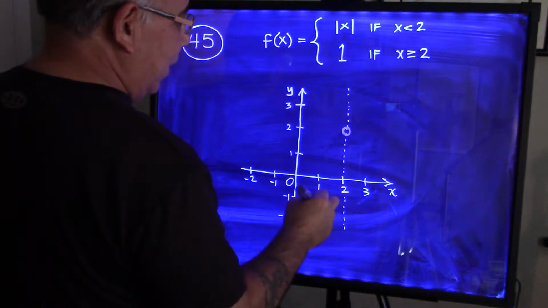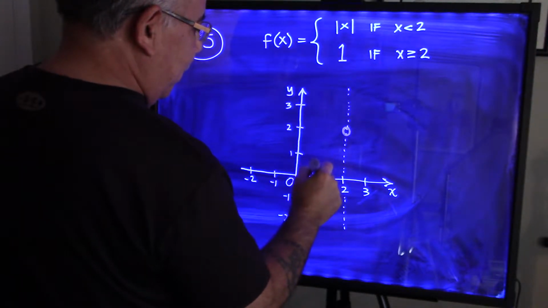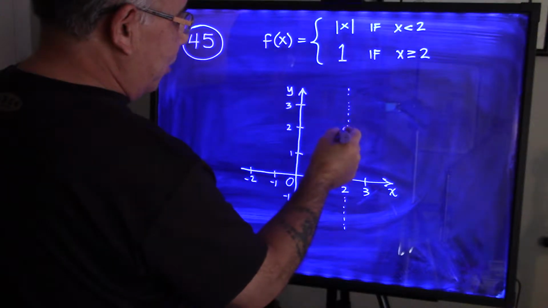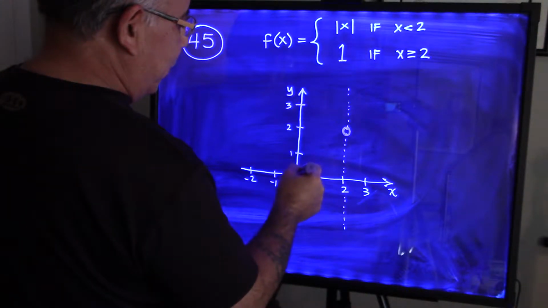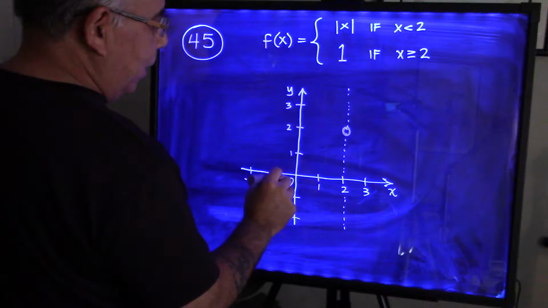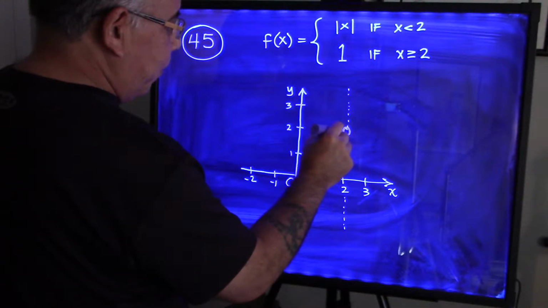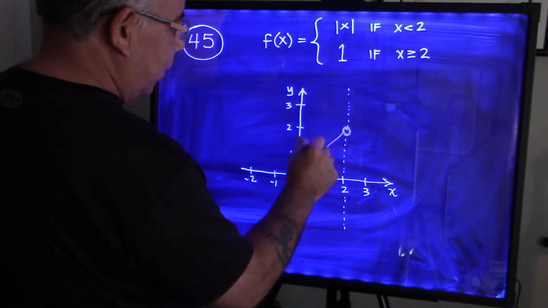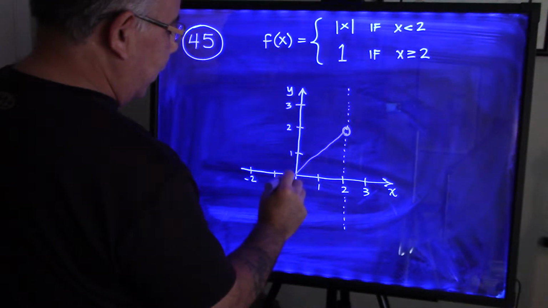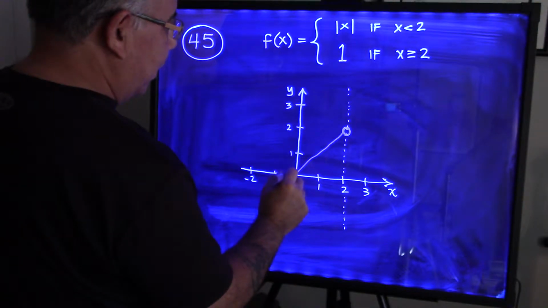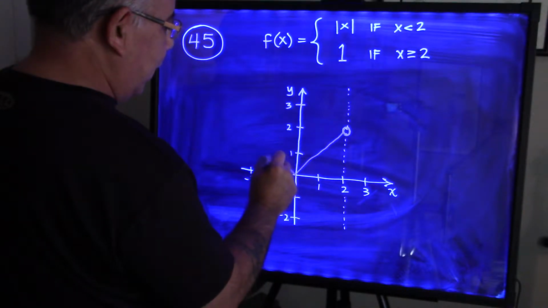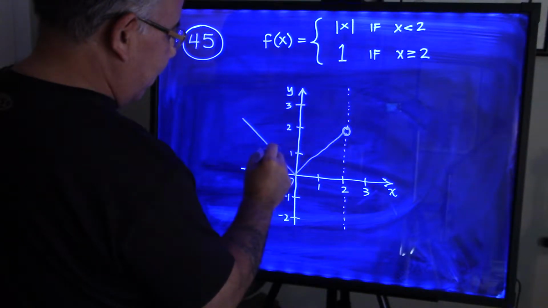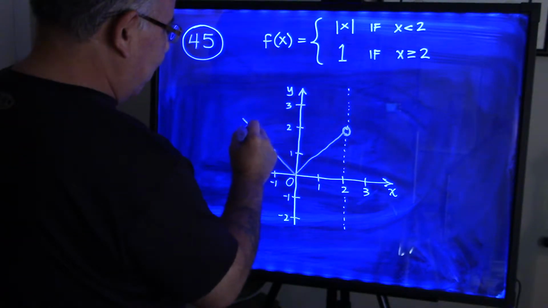And then you can fill in other points, but if you remember that absolute value looks like a V with the vertex right there at the origin, you could just draw a V in, connect these 2 points with a straight edge, and then extend it to the left, another V. Be sure that you include these points, -1, 1, -2, 2, and so on.